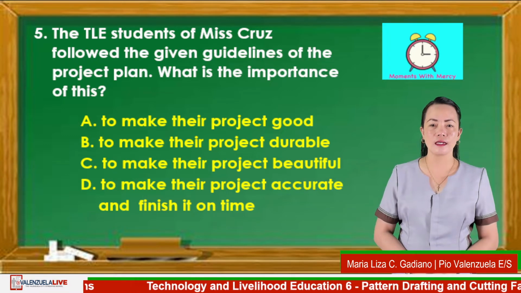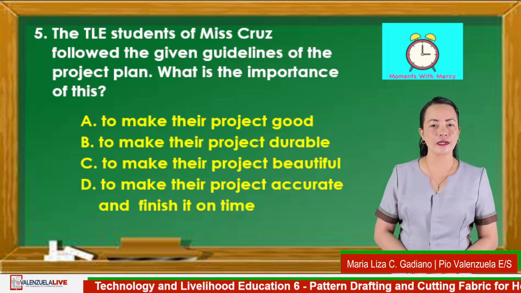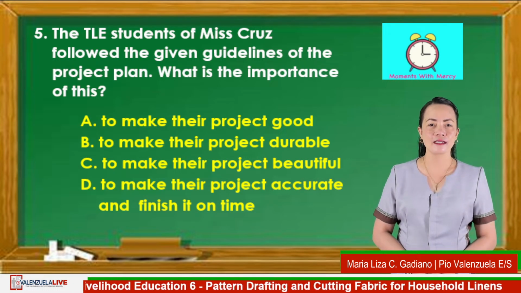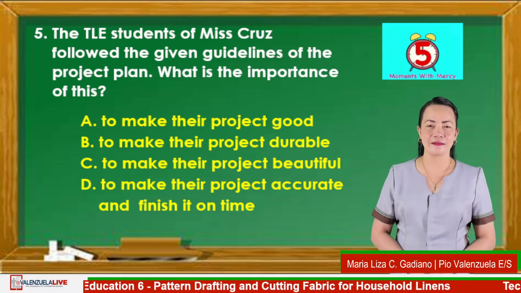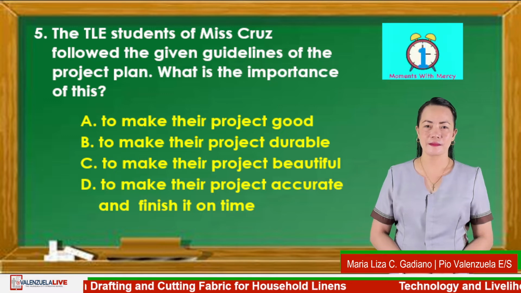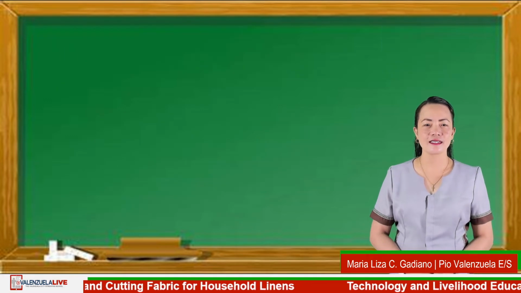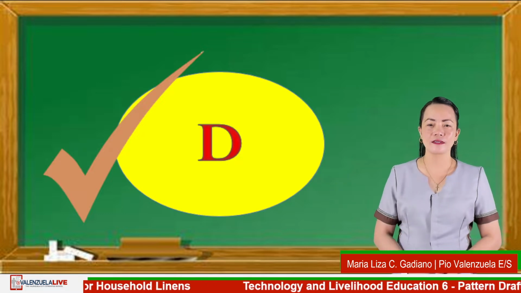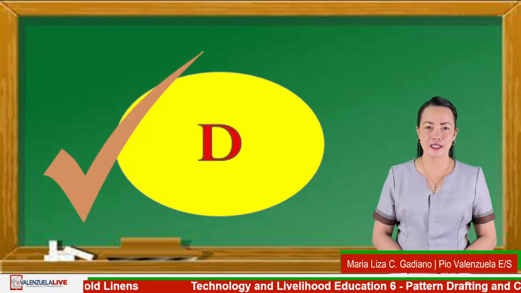Or D, to make their project accurate and finish it on time. Your 5 seconds timer starts now. The answer is letter B, to make their project accurate and finish it on time.